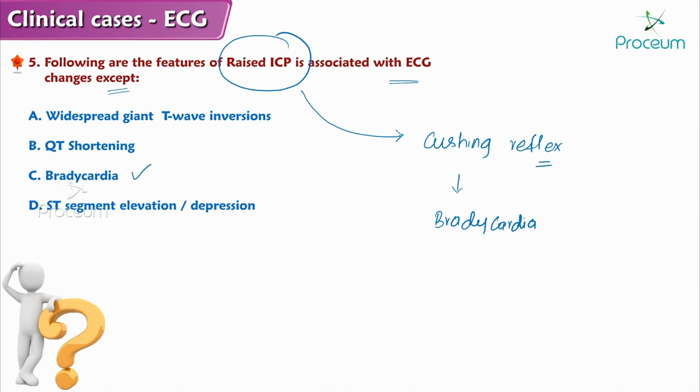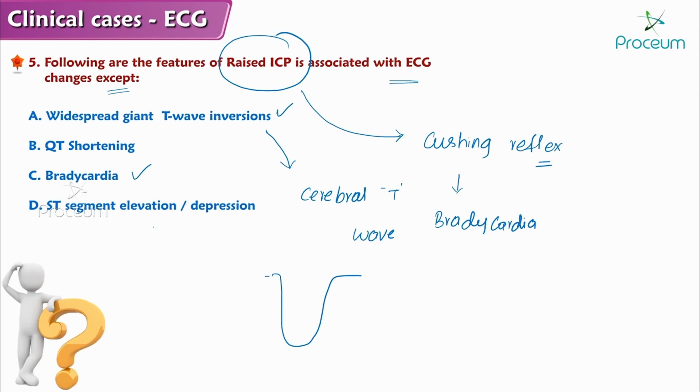Now apart from that, in raised intracranial pressure, you will have an ECG with giant T wave inversion, and that is called cerebral T waves. So in case of cerebral T waves, you have T wave inversions of this morphology, right? Giant T wave inversions.